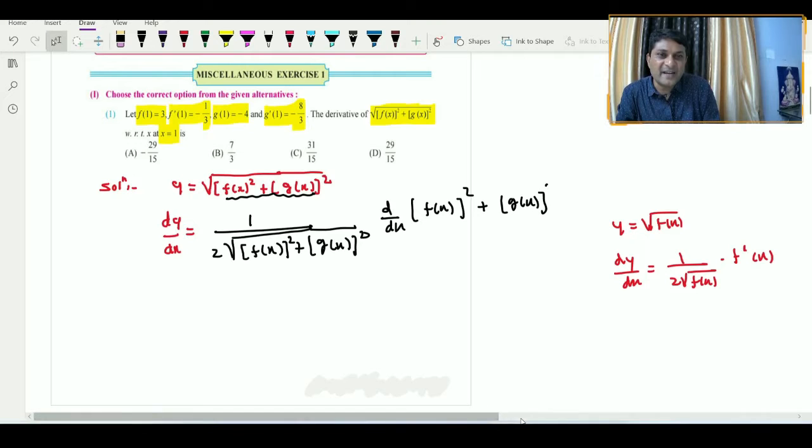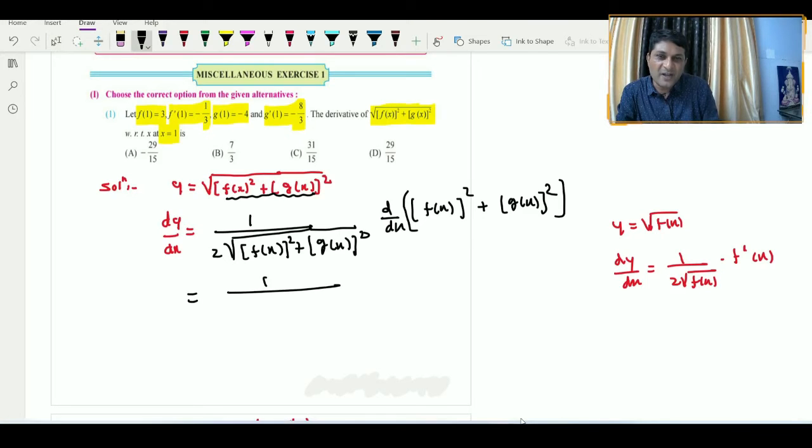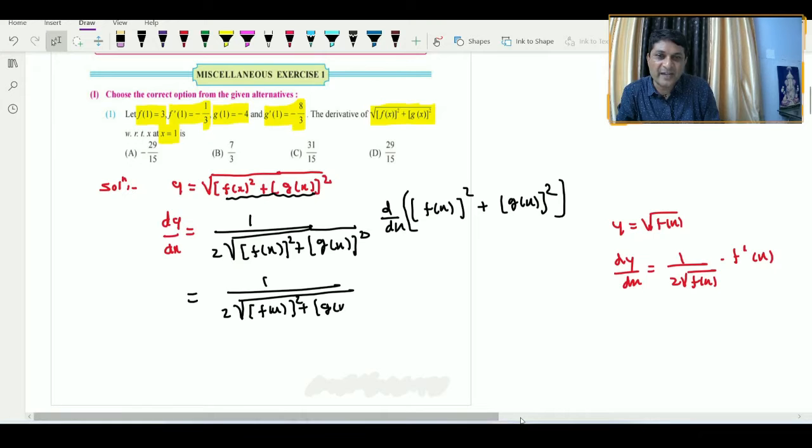Okay, so let us try to find out differentiation of this term. So which is equals to 1 upon 2 under root, ये term as it is रखो. What is the term here, square of f of x plus square of g of x. Keep it as it is.